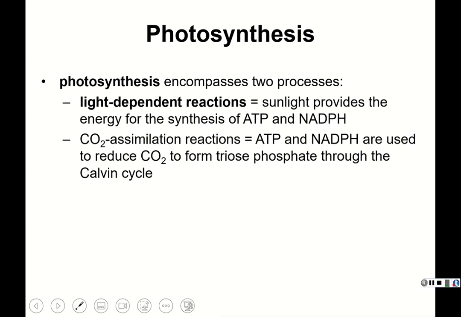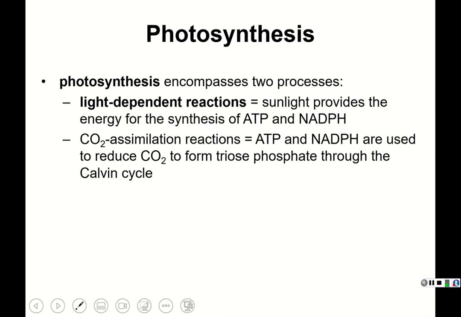Okay, so the light-dependent reactions, you need sunlight, as that name suggests, and those produce energy in the form of ATP and reduce NADP plus to NADPH.